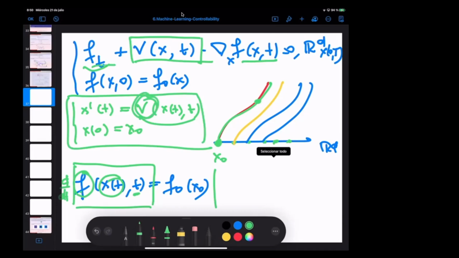So if capital V is globally Lipschitz, then you can show that the transport equation is well posed simply because the Cauchy problem for the characteristic lines is well posed. If you relax the regularity of capital V, for instance, if you just use Peano's theorem, saying that if V is continuous, then there is a solution, but there is not uniqueness, then you will have the same result at the level of the transport equation. You will be able to find one solution of the transport equation, but you will lose uniqueness either.